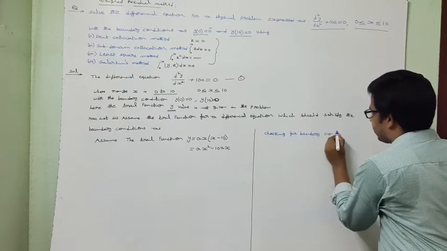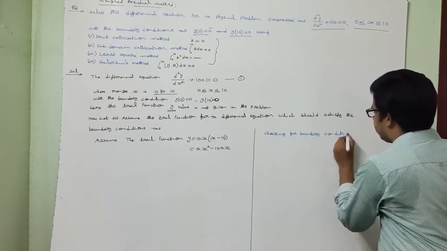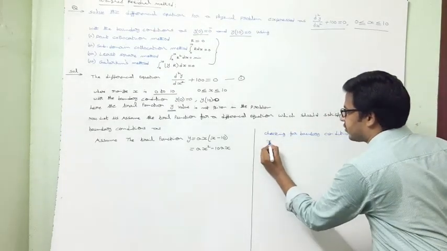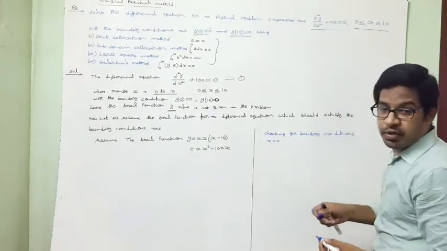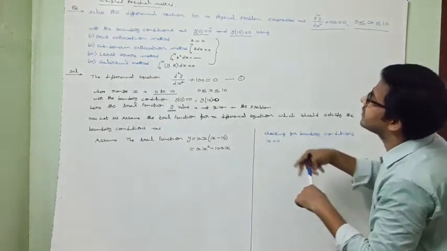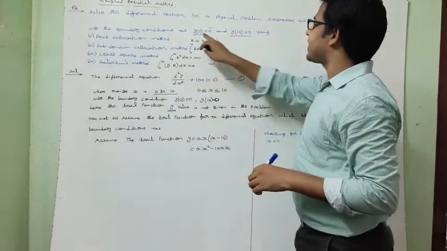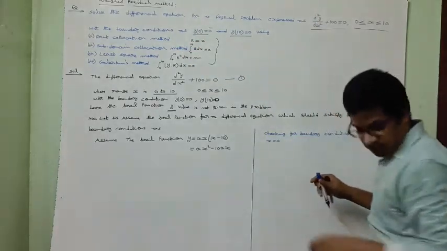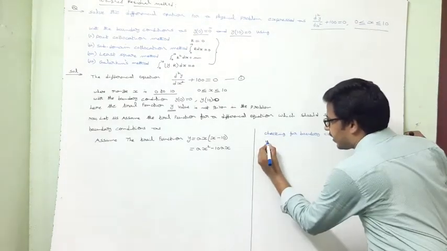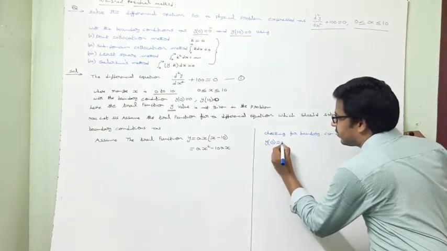What are the boundary conditions? X equal to 0. In this problem the boundary conditions are y of 0 is equal to 0. The first one, y of 0 equal to 0.